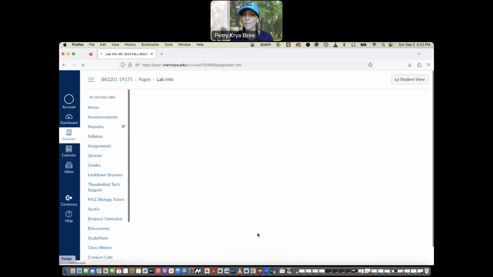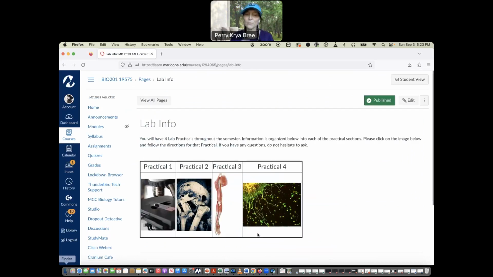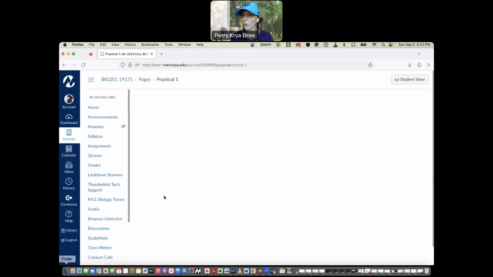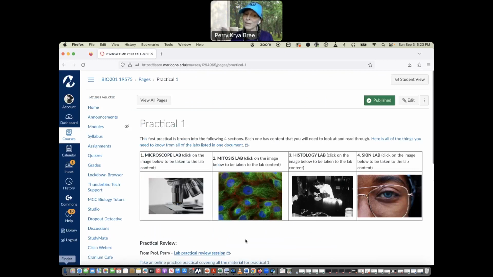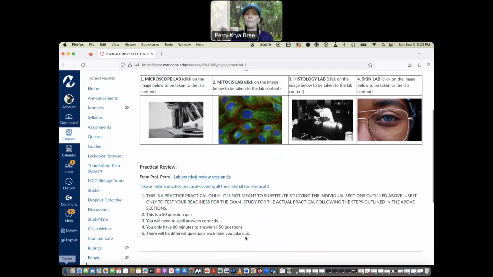And then also remember that pretty soon here, and I will send out a notification, I try not to open it too early because if I do open that practical too early, people will think, oh, well, I'll just study that. But that practice practical, and I put this here, this practice practical is for practice only. It is not meant to substitute studying.